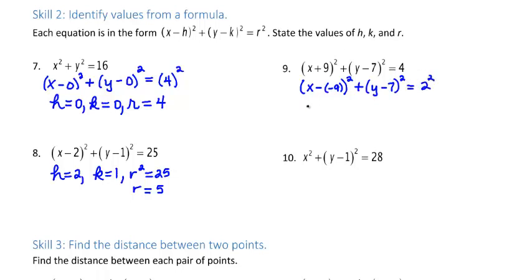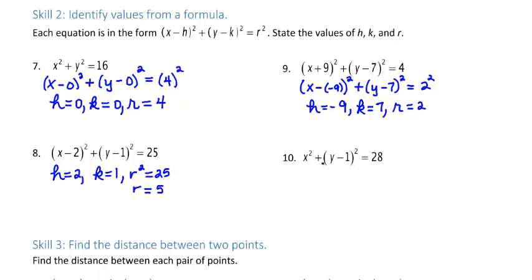So in this case, h is negative 9, k is 7, and r is 2. So I'm just identifying what number is subtracted from the x variable, the y variable, and then what's the value that we squared to get the number on the right.